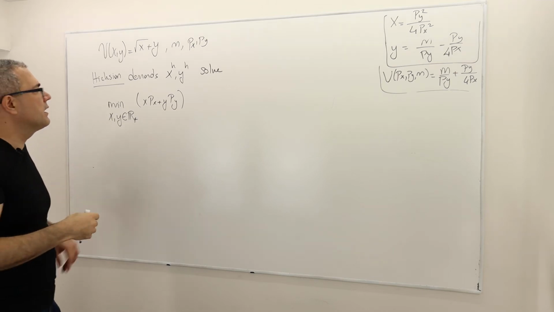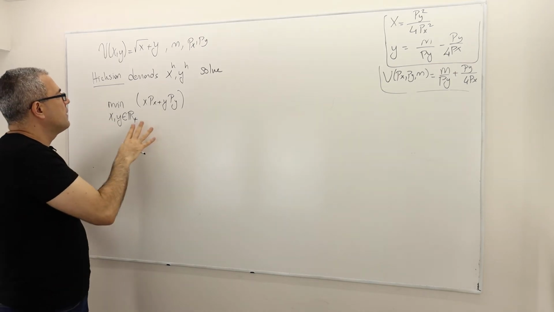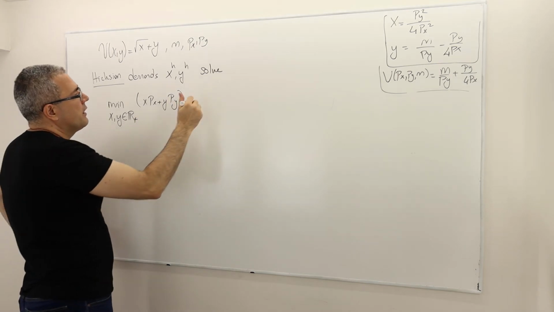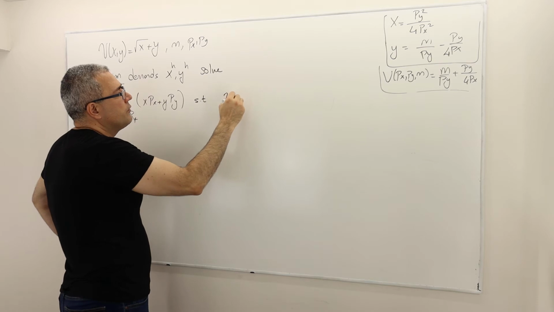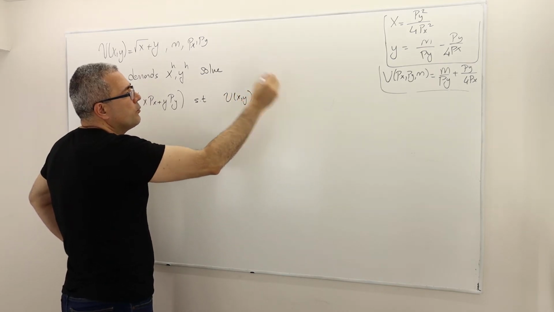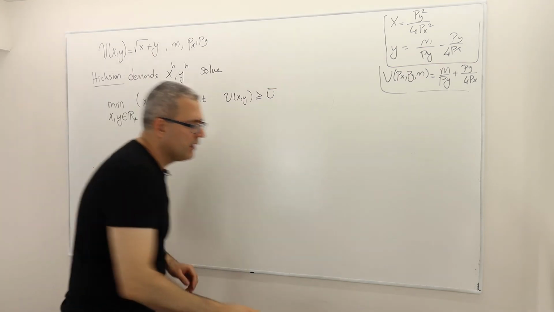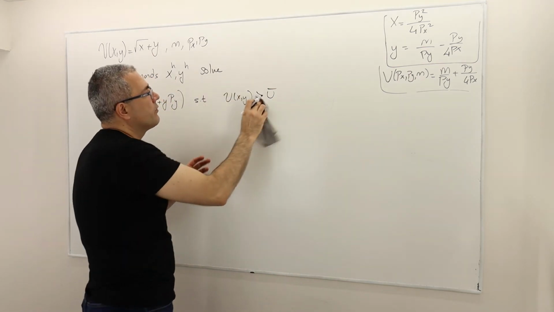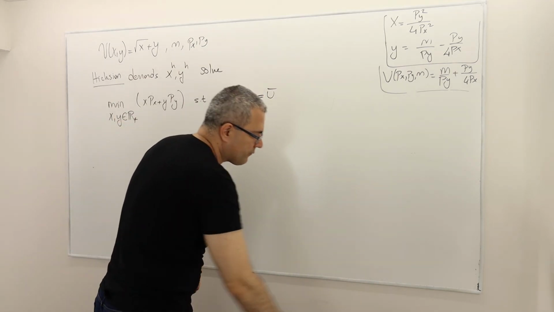You don't spend income. So minimize expenditure subject to achieving a certain utility level, greater than or equal to u bar, let's say. But because the utility function is an increasing function, you don't really have to write greater than or equal to, you just write u bar, okay?